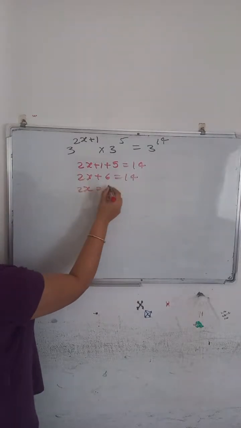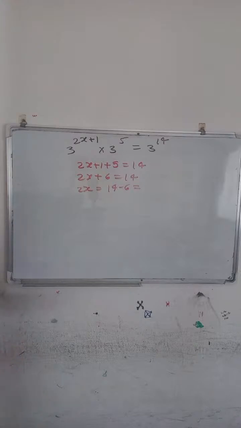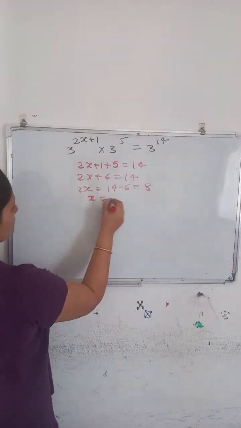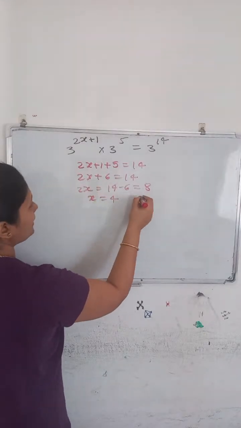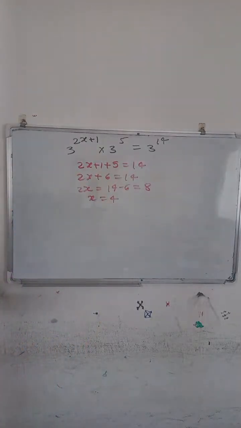So 2x is equal to, transpose that 6 over here. So 14 minus 6 is nothing but how much? 8. Okay, the 2 you can transpose. So here 8 divided by 2 is nothing but 4. The value of x is nothing but what here? 4. Getting this?